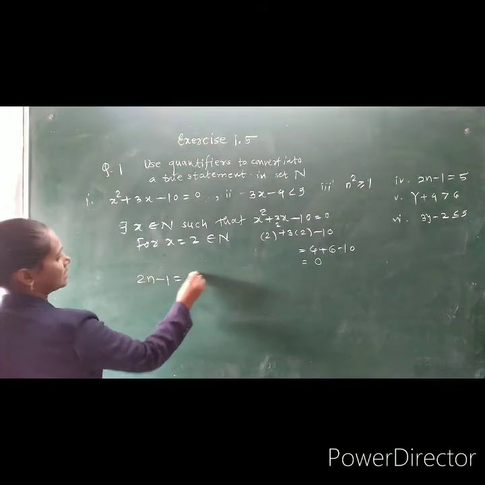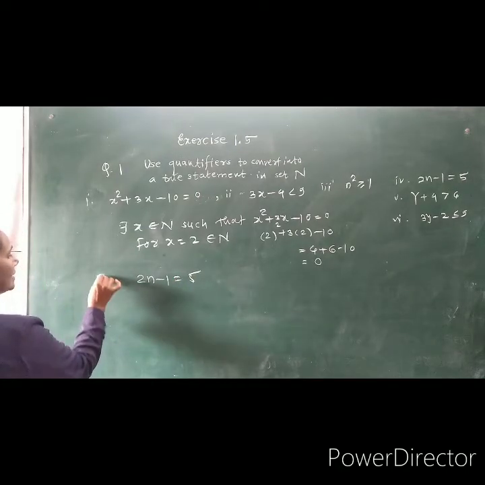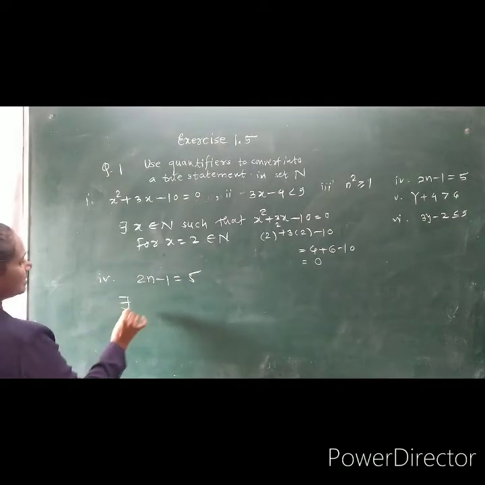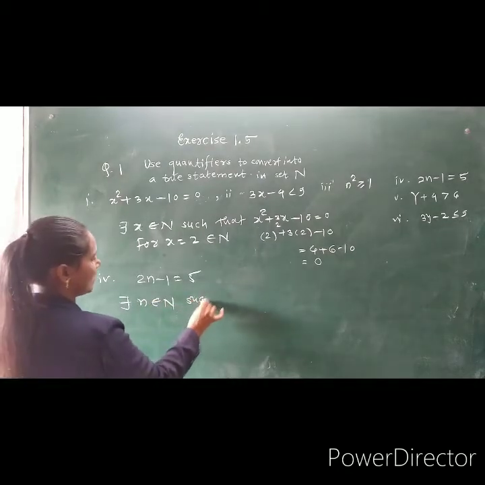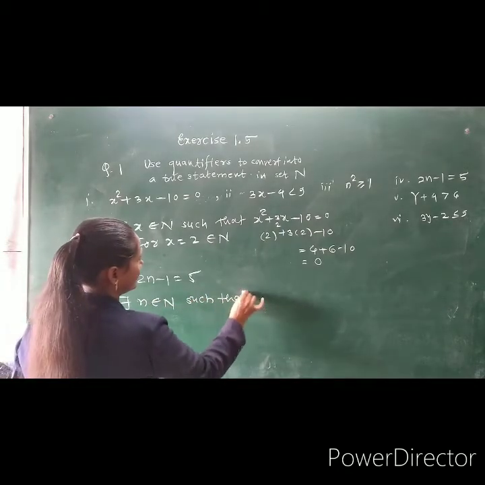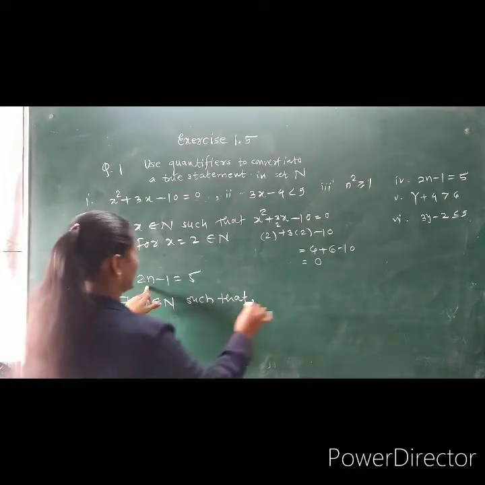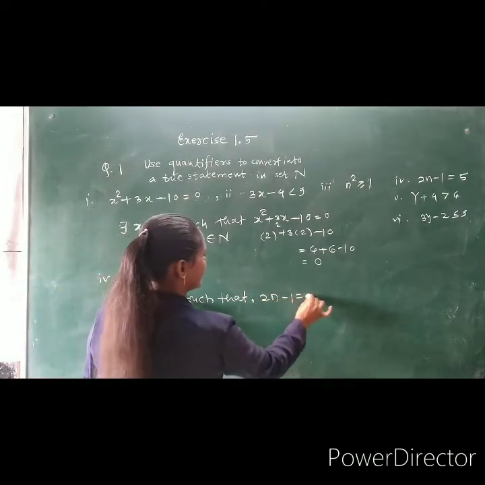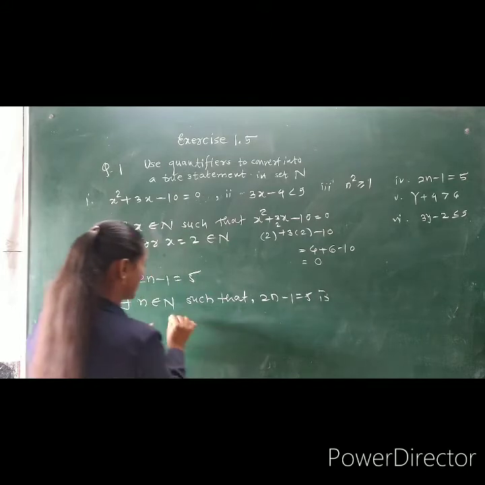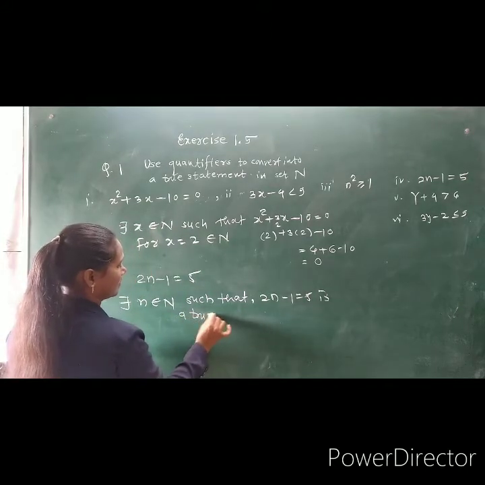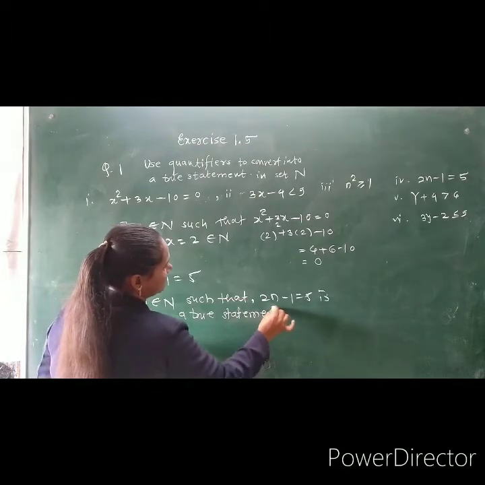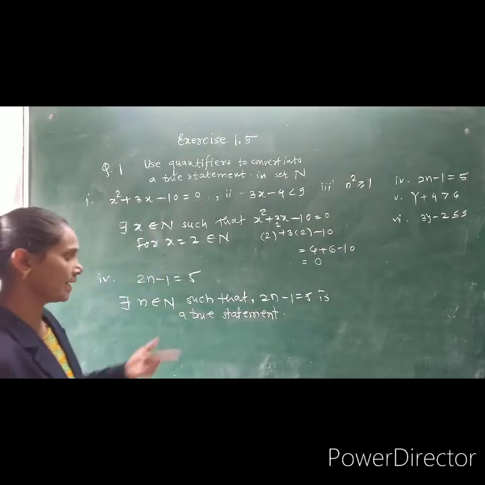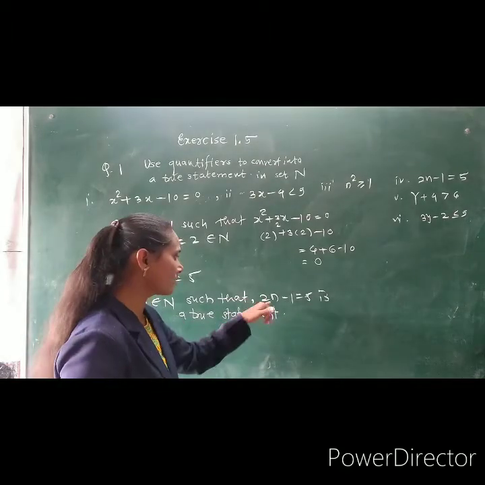Again we write there exists n belongs to N such that 2n minus 1 is equal to 5, which is a true statement.